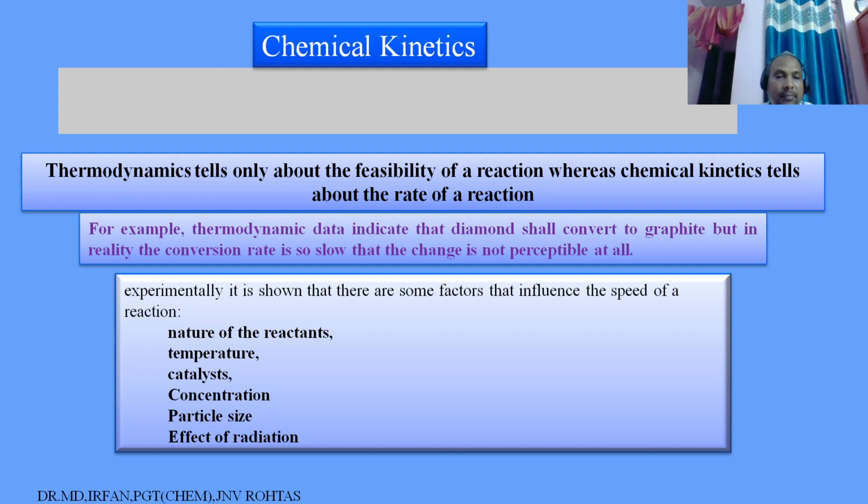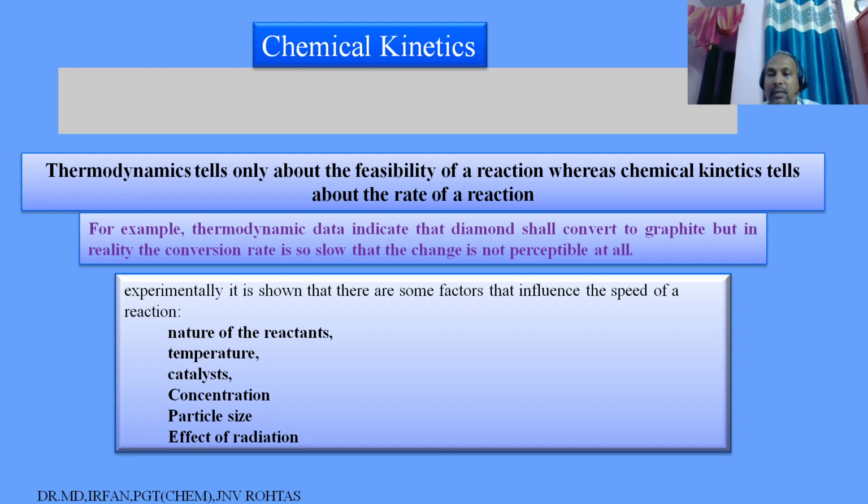In class 11 you might have learned about the thermodynamics chapter, especially about the feasibility of a reaction. Feasibility means possibility of the reaction; a chemical reaction is only possible when the value of delta G is negative. That means thermodynamics indicates the feasibility of a reaction, but it does not indicate the rate of the reaction.